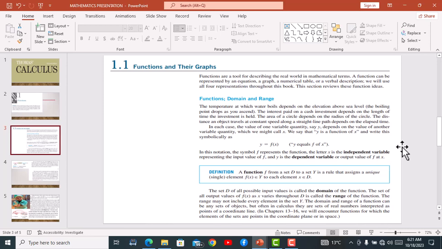We spoke first about how the temperature at which water boils depends on the elevation above sea level. So there's a relationship happening here. The area depends on the radius of a circle. So there's a relationship happening between two things. We are trying to emphasize the concept of a function here.